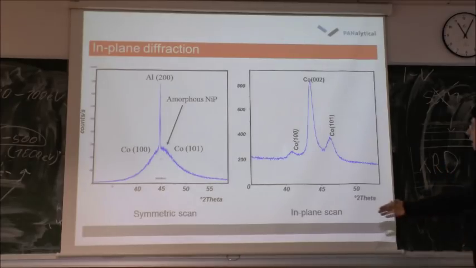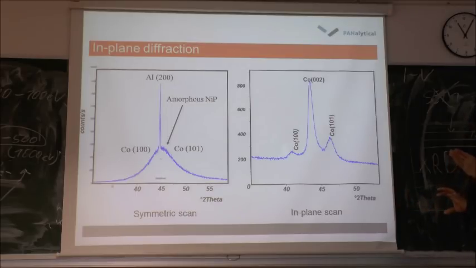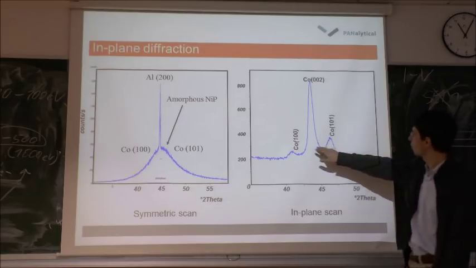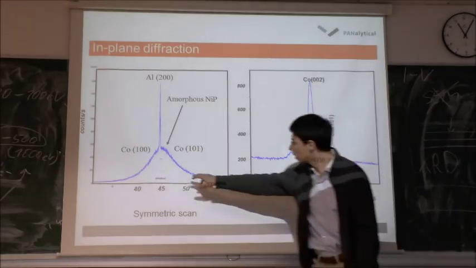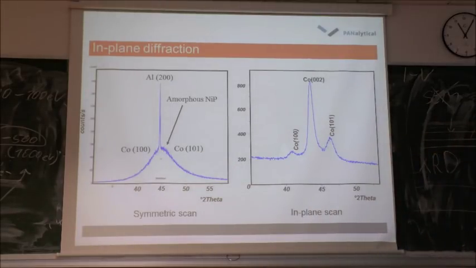But when you do in-plane analysis, with a certain configuration of omega and 2 theta values, we can get information only about the uppermost layer. Here you can see you have 3 peaks which are actually hidden in the amorphous peak.